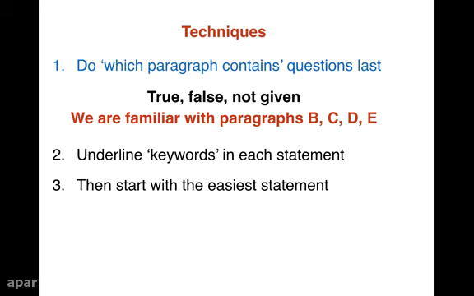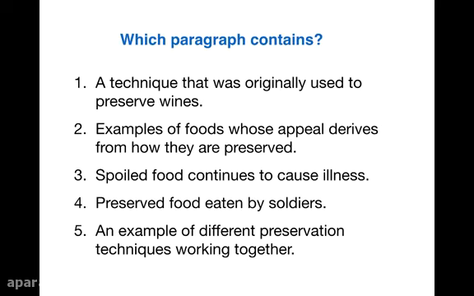Now we can start the which paragraph contains questions, and our next technique is underline keywords in each statement. So here are the which paragraph contains statements. 5 questions. Number 1, a technique that was originally used to preserve wines. 2, examples of foods whose appeal derives from how they are preserved. 3, spoiled food continues to cause illness. 4, preserved food eaten by soldiers.